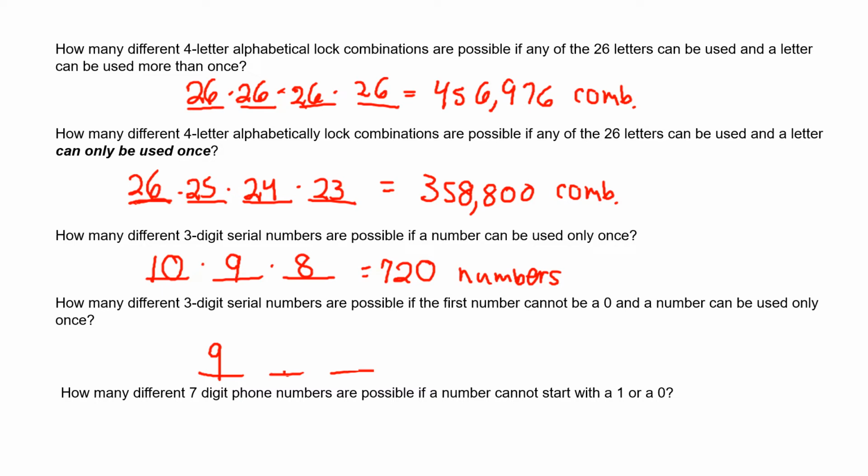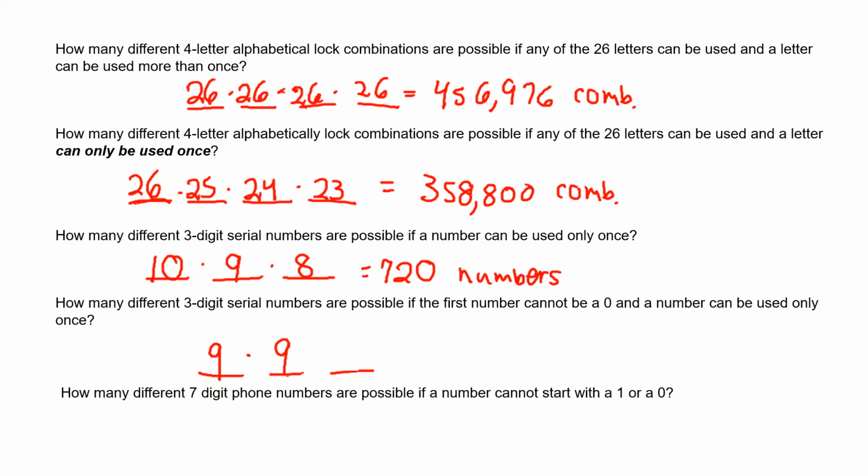So whatever I put in the first slot can't be used because a number can only be used once in this problem. So in the second slot, it's going to be 9 again, but 9 for a different reason than the first one, right? It's 9 in this slot because it could be anything from 0 up to 9, except whatever was chosen for that first slot. So that's why it's a 9.